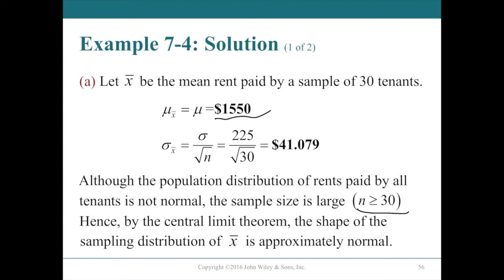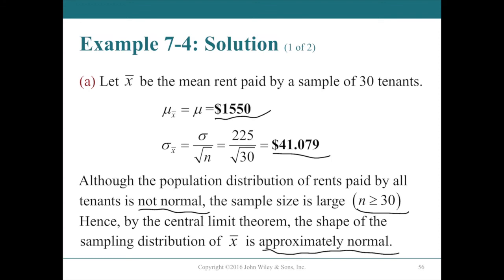So we're going to just use that number. And at 30, we're actually good to go. And the calculation is done. Notice no finite population correction factor or whatever. We just don't bother with that most of the time. But the standard deviation has come down from 225 down to $41 and maybe 8 cents. So even though it started off not normal, the sample size was large enough. And by the central limit theorem, things tend to go towards the center.